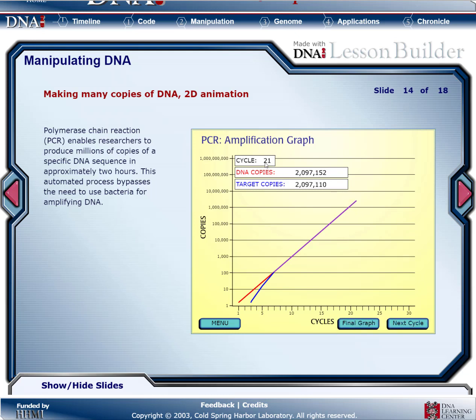But if we pay attention here, we're at cycle 21. We have nearly 2.1 million copies, and between the DNA copies and the target copies there's only like a 42 copy difference, right?